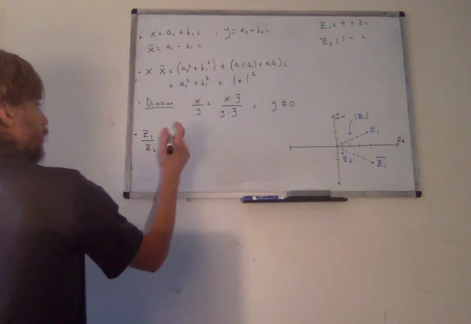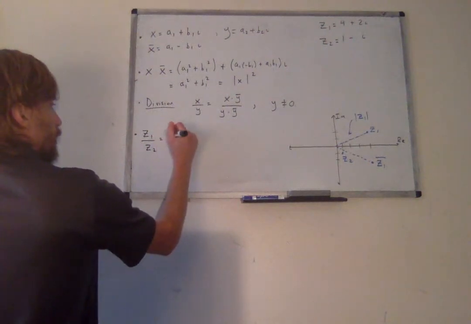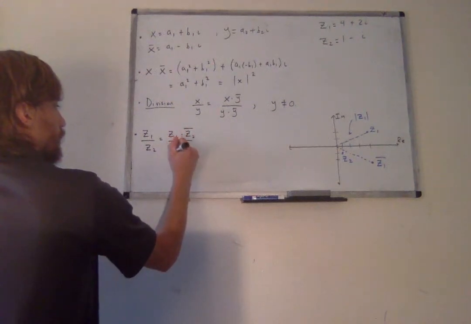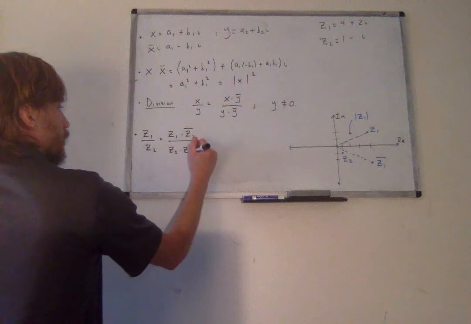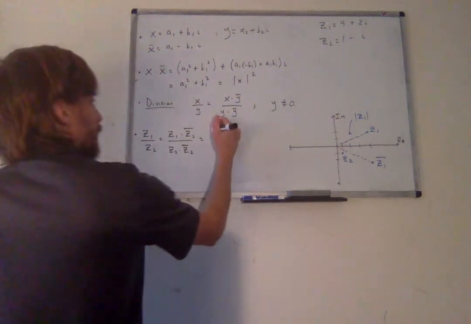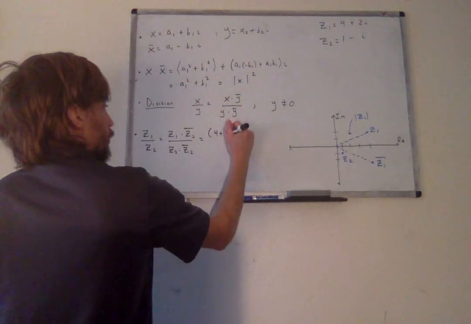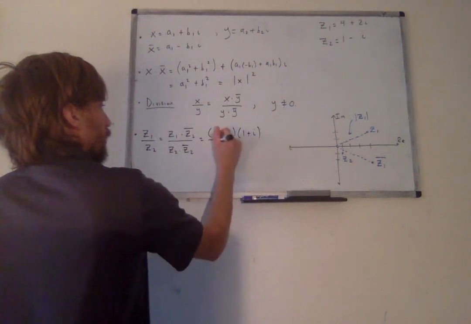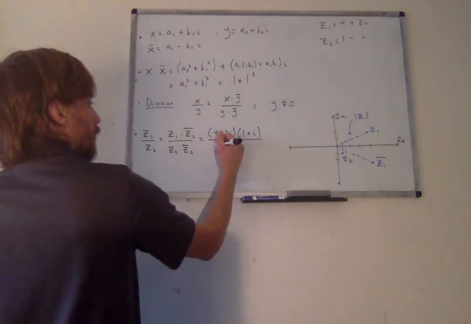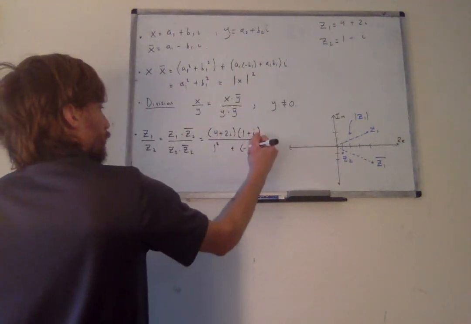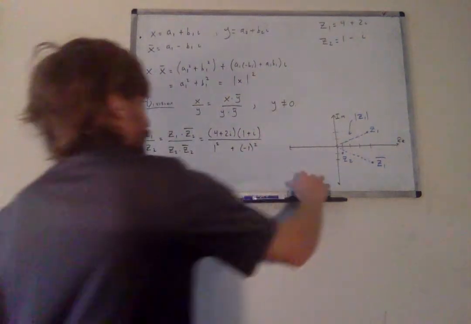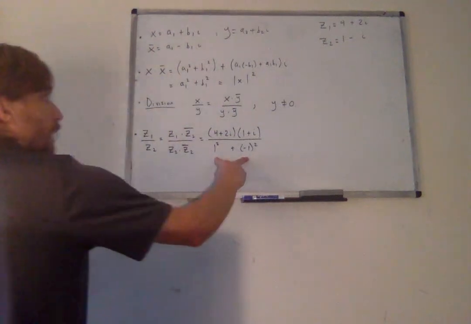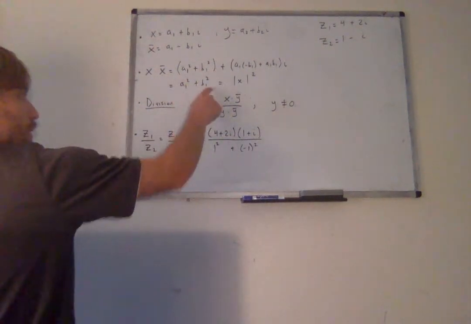And so ending with this example, z1 divided by z2 is equal to z1 times z2 conjugate over z2 times z2 conjugate. And so this is equal to 4 plus 2i times 1 plus i over 1 squared plus negative 1 squared. So z2 times z2 conjugate is a1 squared plus b1 squared.